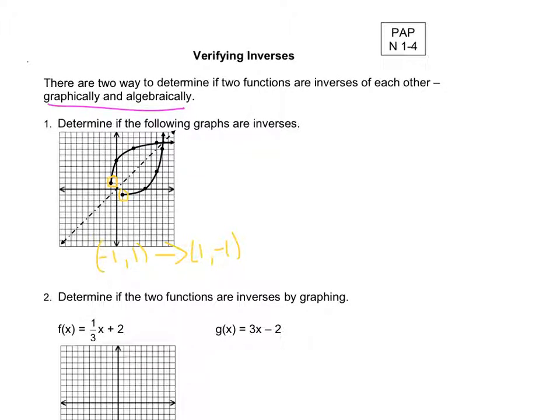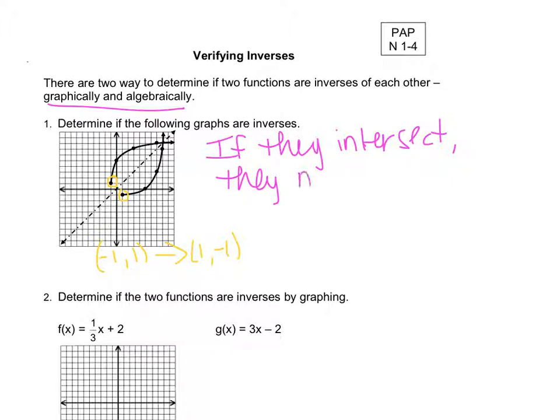And something we haven't gone over on a graph: if they cross or intersect, they must cross on your reflection line, which is y equals x.